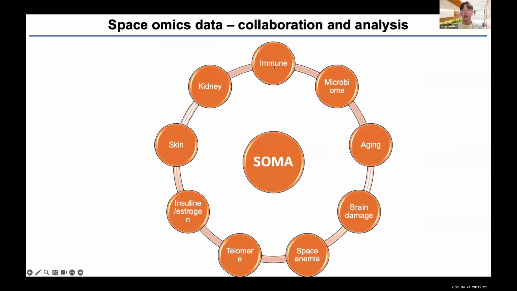For example, we provided immune cell change data or gene expression change data to support the immune dysfunction idea, or the microbiome shift in space, space aging, brain damage, space anemia, telomere, insulin, skin, kidney stone, those kinds of things.